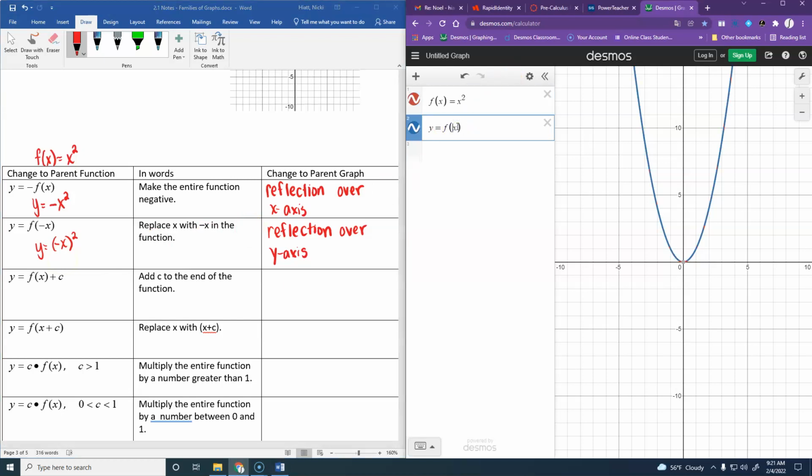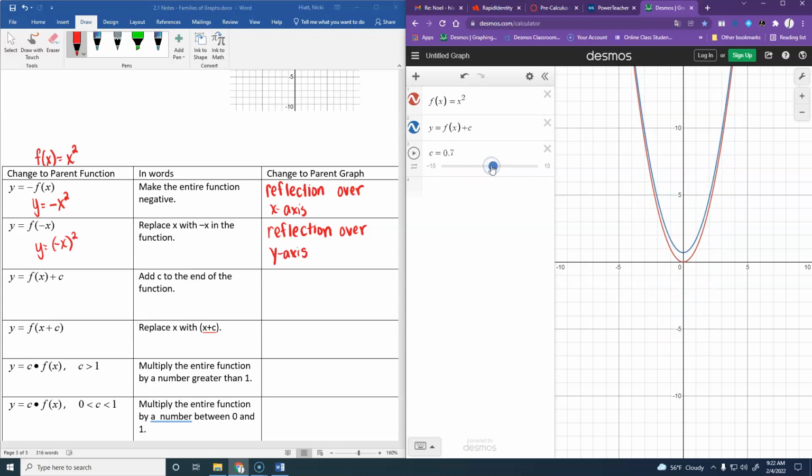All right, let's get rid of that negative. Who can tell me what's going to happen if we add a number to the end? Up. Okay? So if I put a slider, they've changed the way Desmos works a little bit. All right, so if I put a plus c, you can see it's going to move it up. If I make that c bigger, it goes up higher. What about if c is negative? It goes down, right?